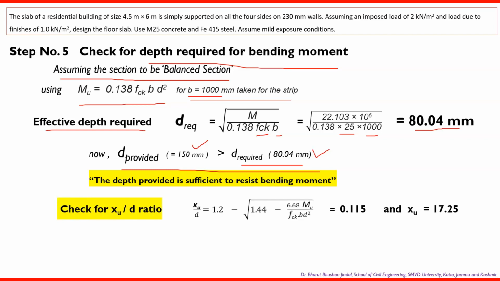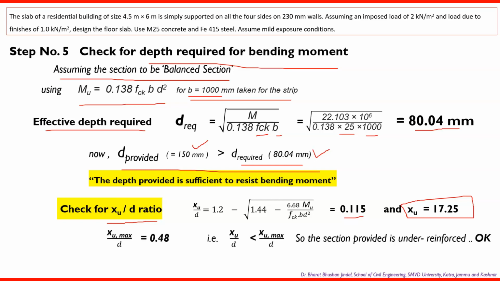Now we can apply the check for the xu by d ratio. By putting all the available information, we get the value of xu by d equal to 0.115. Based on this value, we get the depth of the neutral axis when we are considering the shorter span. So xu comes out to be 17.25.